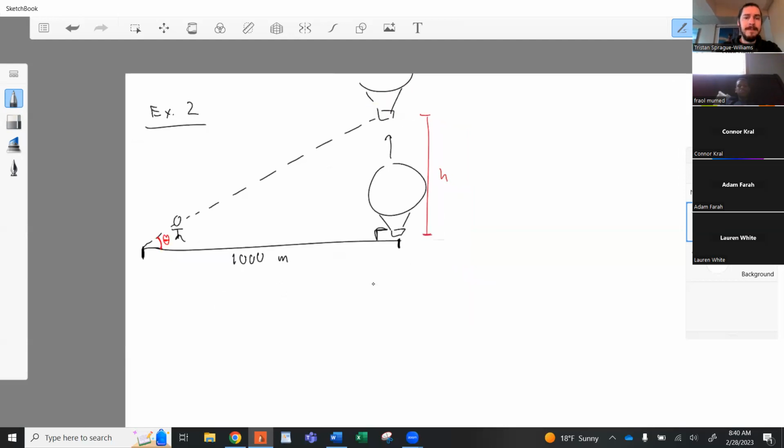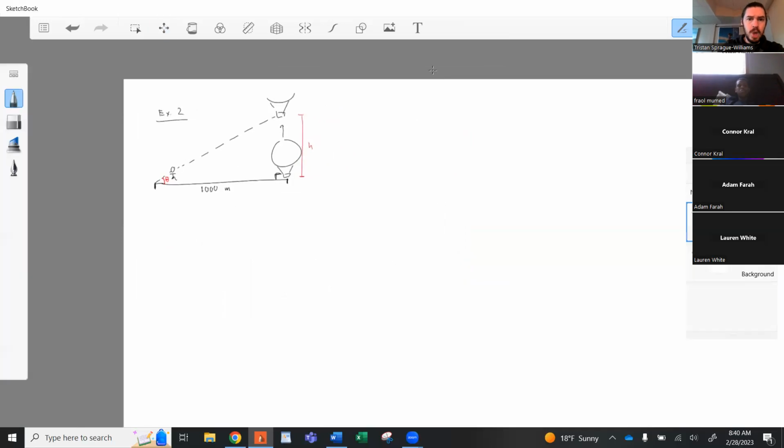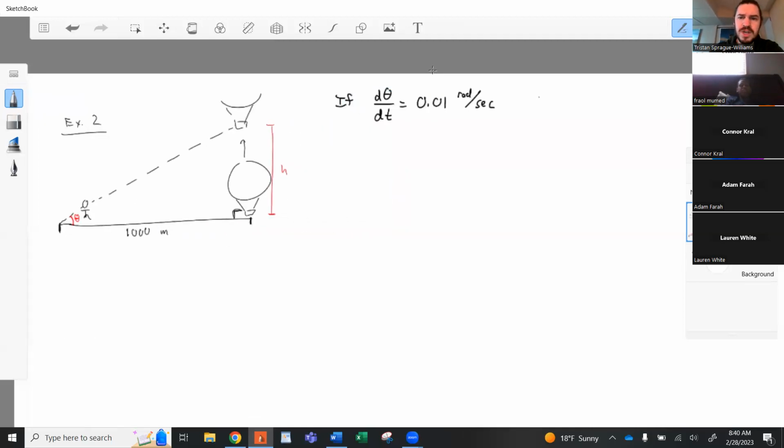So now, given this setup, let's say the rate of change in the angle is 0.01 radians per second. That is the rate of change in the angle at a moment when the angle is half a radian.